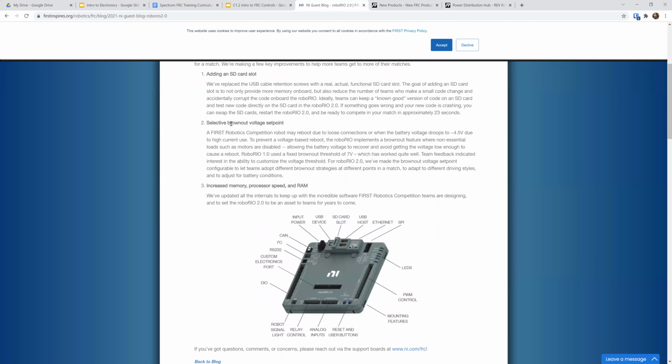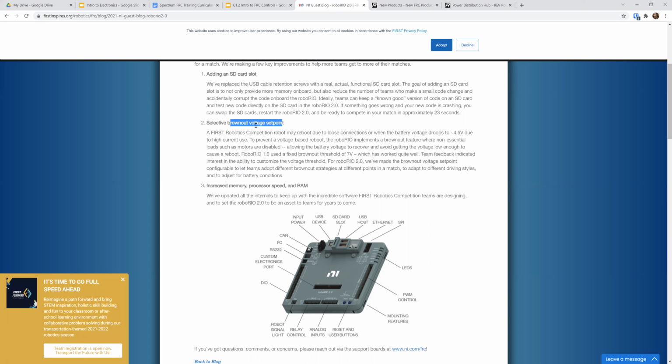Probably something that is a little bit more important is something called brownout. And we could talk about that because that's electrical stuff. Basically, when we're driving the robot around, as motors and stuff are pulling current, the battery's not a perfect power supply. So as current is being pulled, voltage drops. And when a lot of current is pulled, the voltage can drop really far. When we're driving the robot around normally, we'll see it get down to 6 or 7 volts, even though when it's not moving, it might be like 12.5 volts.